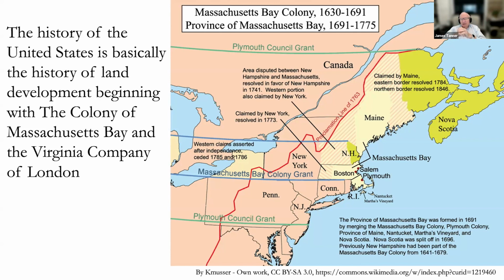So these different grants, the Massachusetts Bay Colony Grant and the Plymouth Council Grant and the Virginia grants and all the other grants down the eastern coast of the United States today, were done for the purpose of selling land to people in England.